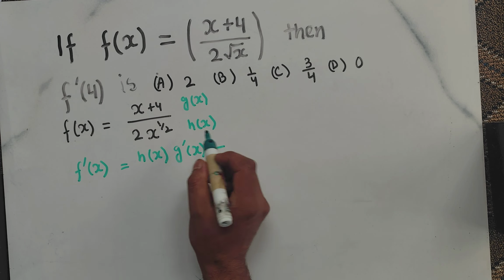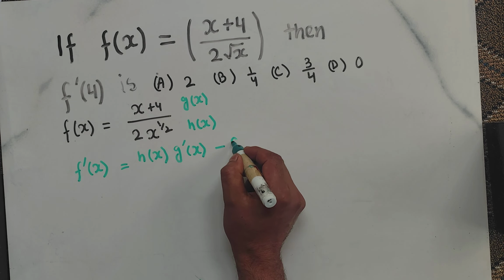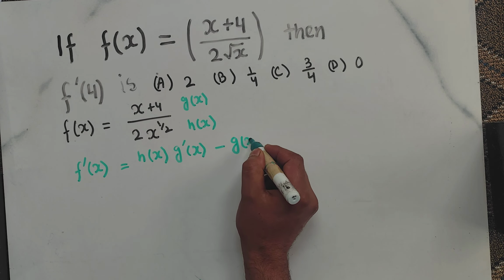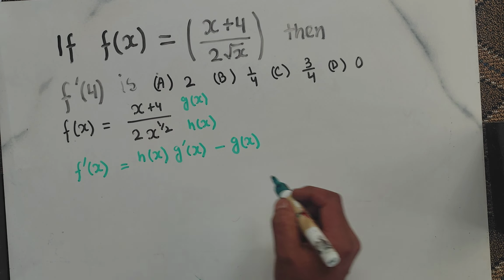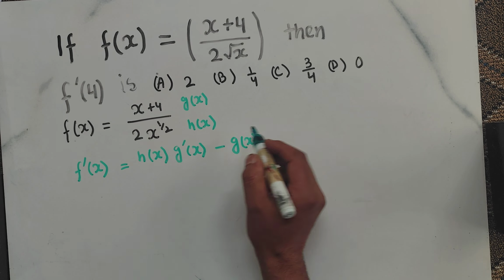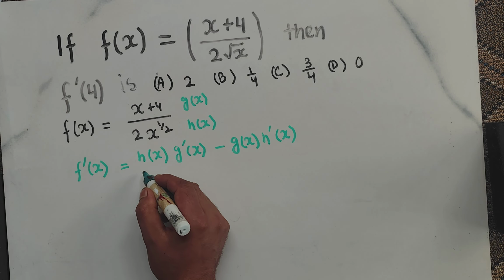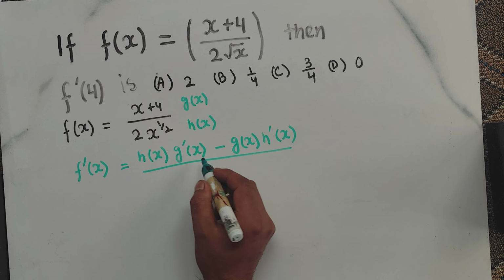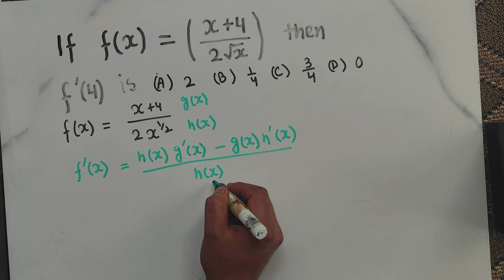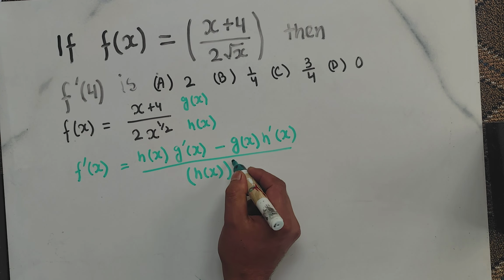Then we subtract and write the numerator function, which is g of x, and to this we multiply the derivative of the denominator function, h prime, upon h of x whole square.